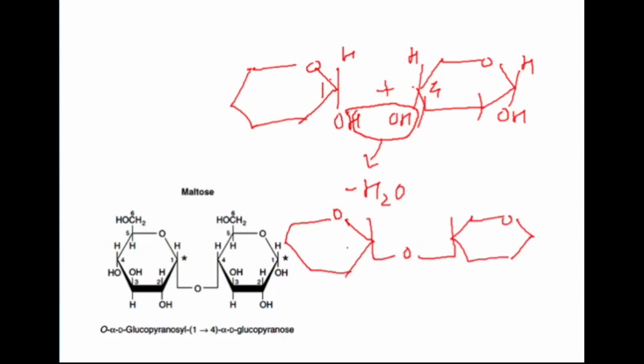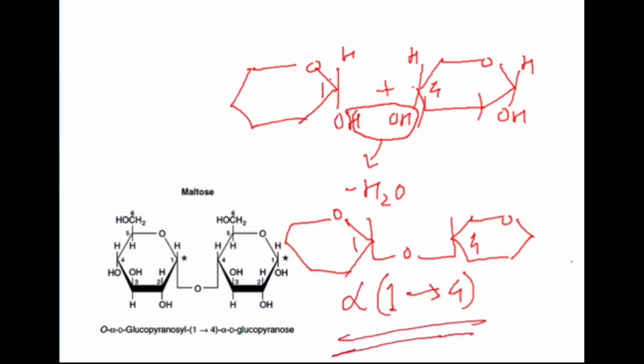As you can see, the bonding is between the first carbon of one sugar with the fourth carbon of the next sugar. So this is 1,4 linkage. Then again the linkage actually took place between two alpha forms of sugar. So this is alpha 1,4 linkage.